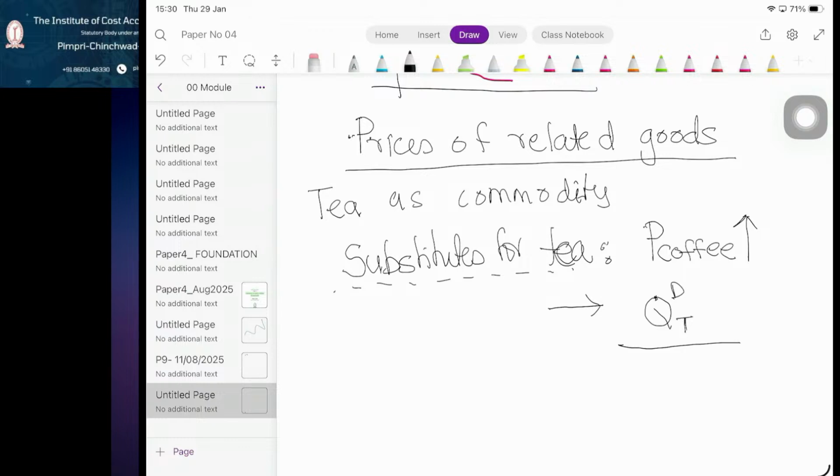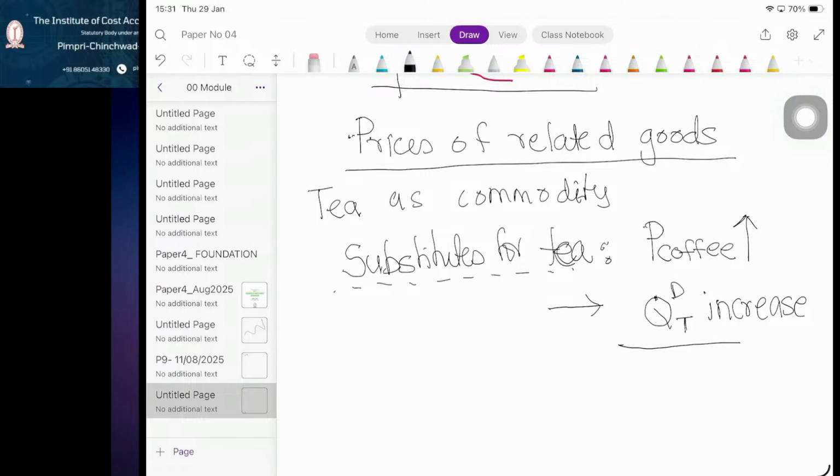If the price of coffee goes up, what will happen to the demand for tea? I want you to use the word increase or decrease, because it's a factor other than the own price. It will cause an increase in demand, right? So when the price of coffee increases, the demand for tea will increase. Absolutely correct.